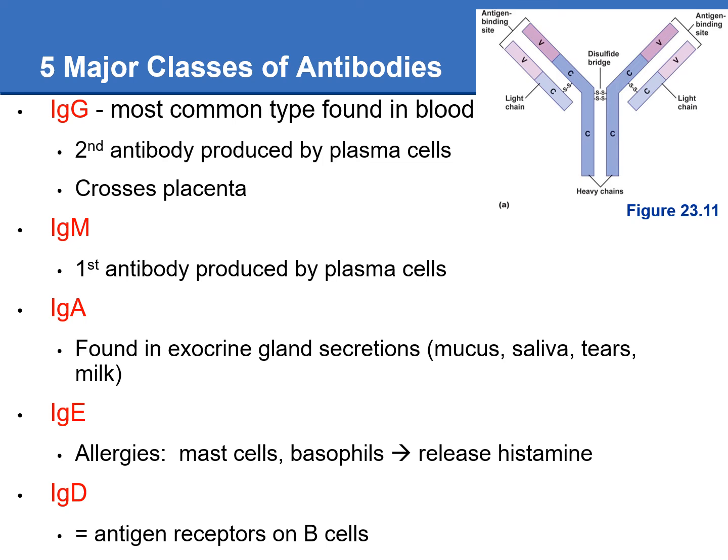The IgG antibodies, these are the most common type of antibody found in the blood, and they're the second antibody produced by the plasma cells. The IgM antibodies are actually the first antibodies that are produced by the plasma cells, and then the plasma cells will switch over and start producing IgG. And the reason for that is the IgM antibodies, we'll look at a picture in a minute, are huge.